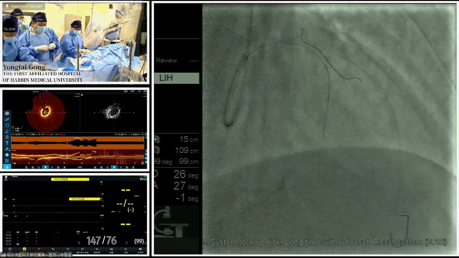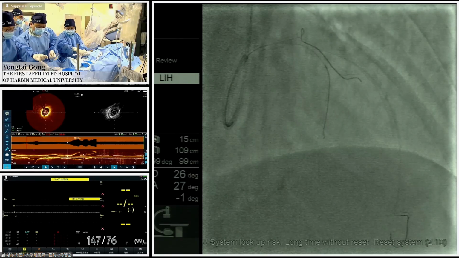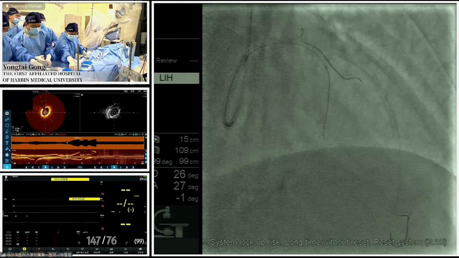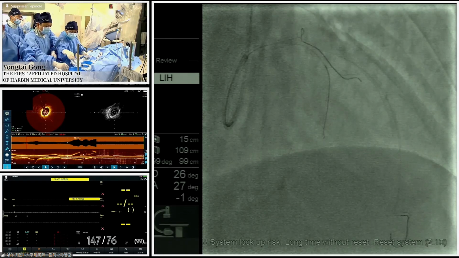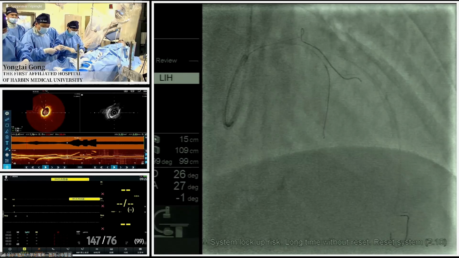Like what kind of result is acceptable? I know after the use of IVL, at this point, we can deliver stents. Right now, is there any criteria for that? Yes. Hold on. Let's together see the IVI image. Maybe you could find some interesting things.